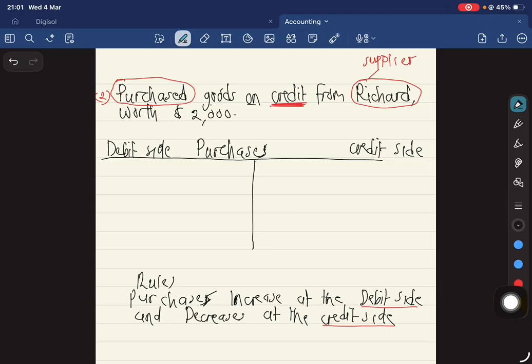So it increased by 2,000, as a result of Douglas's business buying goods on credit from Richard, who is a supplier. So we will put Richard.